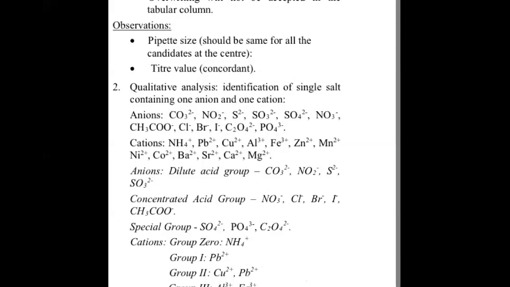Now, amongst the cations that you have to do, you have ammonium ions, lead ions, copper ions, aluminium, ferric, zinc, manganese, nickel, cobalt, barium, strontium, magnesium. And in the case of anions, you have carbonates, nitrates, sulfates, acetate.